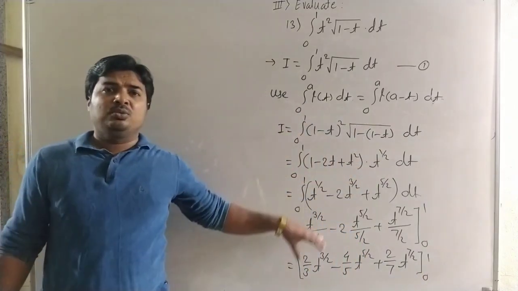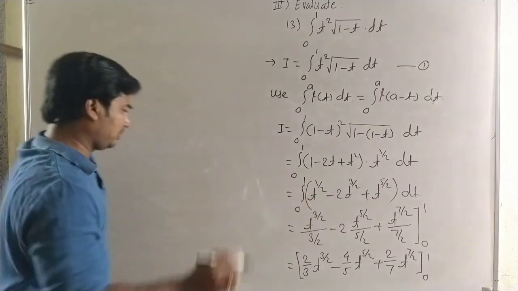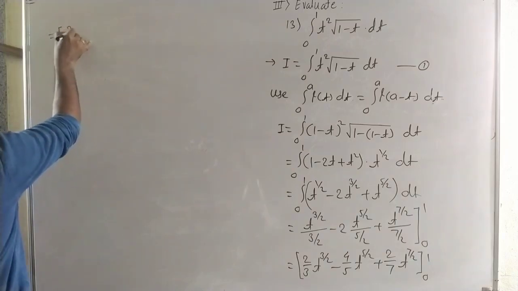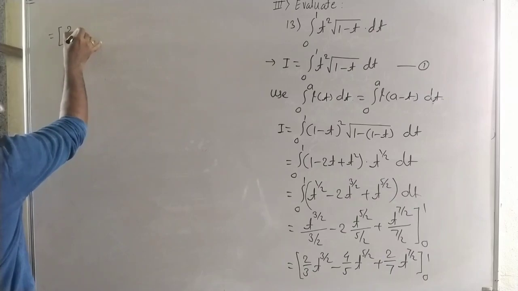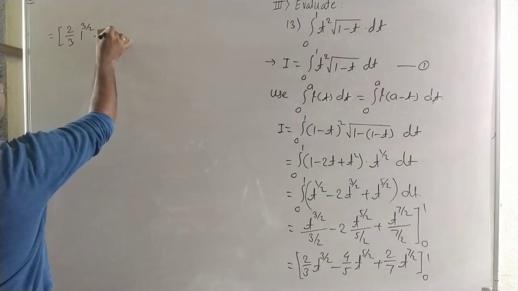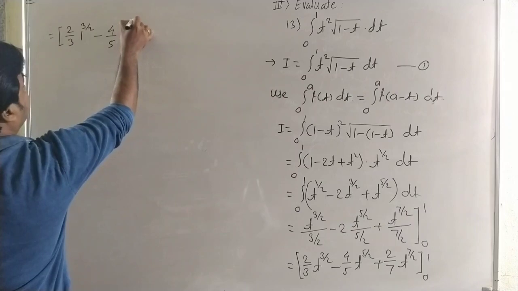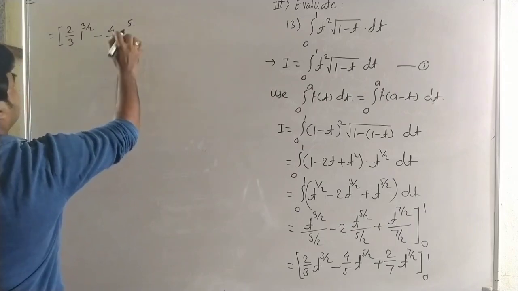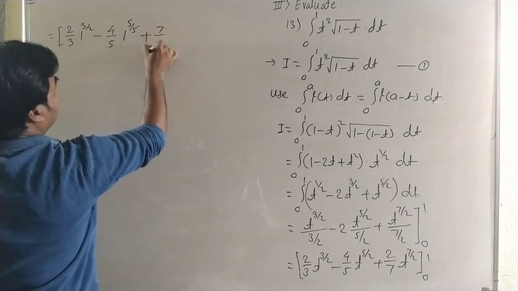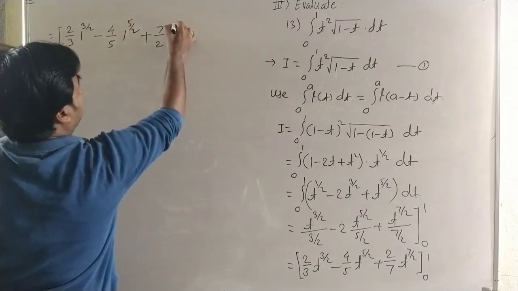It is the integral. Now by the fundamental theorem of integral calculus, first we take the upper limit minus the lower limit. First we put the upper limit: 2 by 3 times 1 to the power 3 by 2, minus 4 by 5 times 1 to the power 5 by 2, plus 2 by 7 times 1 to the power 7 by 2.